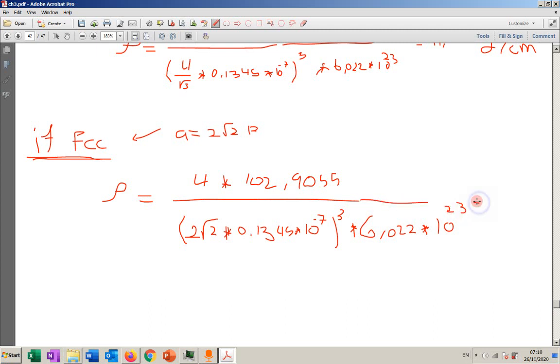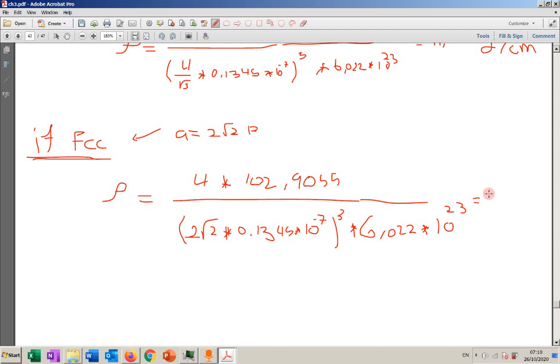Now, this will give me another density. So, if I calculate this one, this will be 2 root 2.